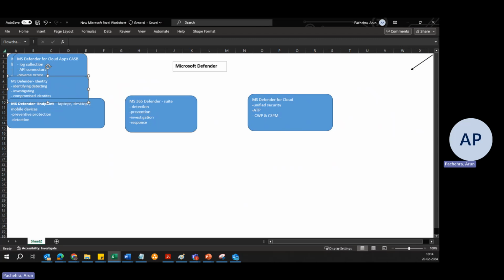It provides cross-domain defense against sophisticated attacks and simplifies security management of these services. All right, so in summary, MS Defender for Cloud and MS 365 Defender address different aspects of organizational security, while MS 365 Defender provides comprehensive protection for user identities, endpoints, and data within the Office 365 suite. Defender for Cloud focuses on security of cloud infrastructure and services across multiple cloud providers.